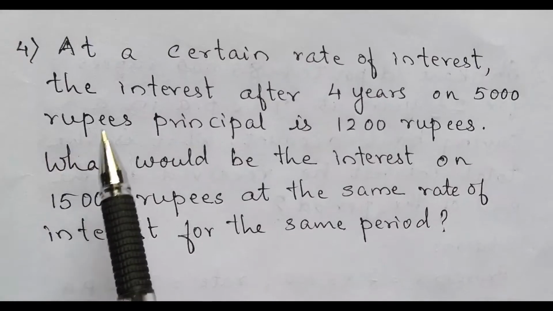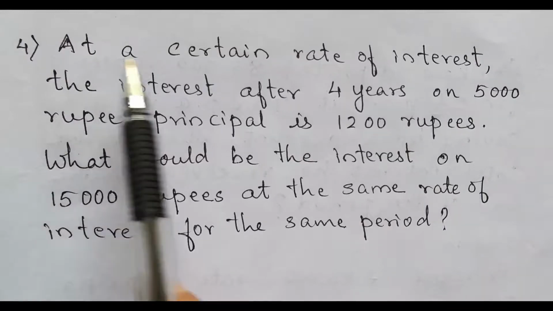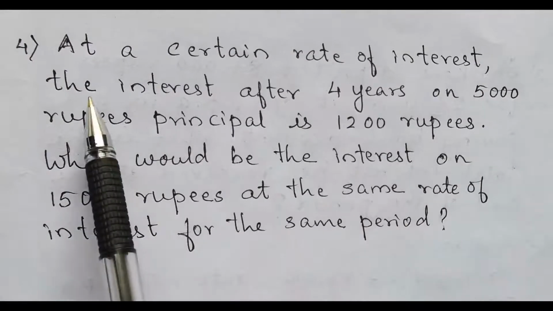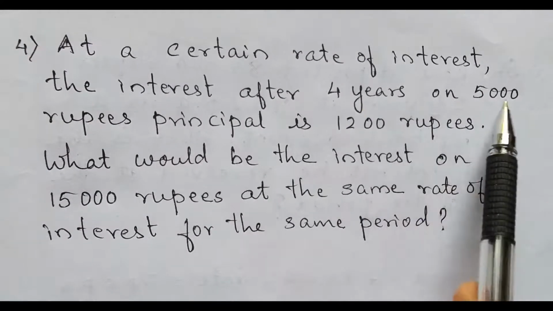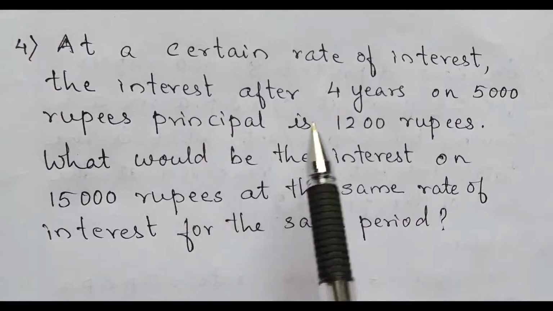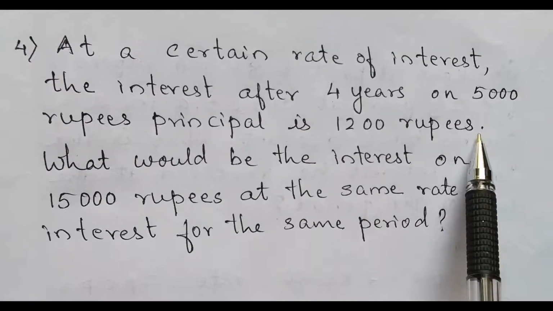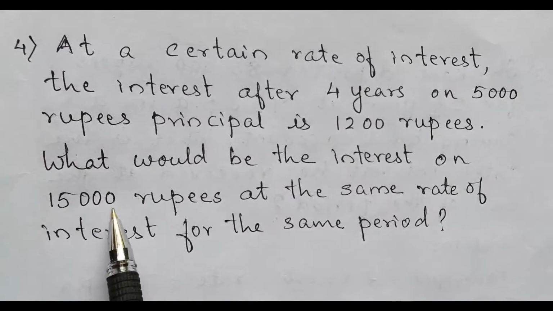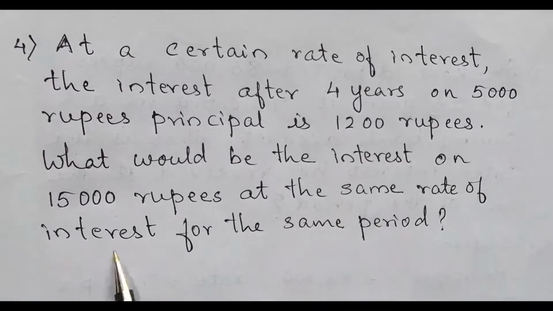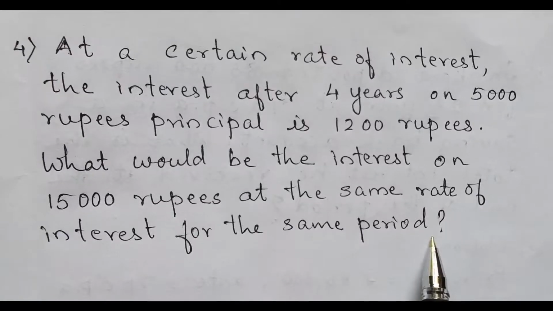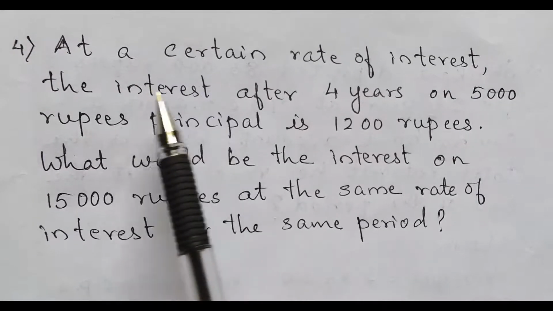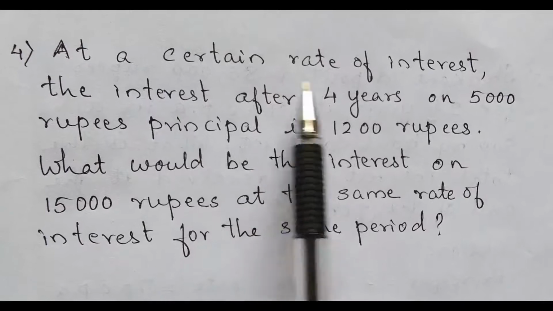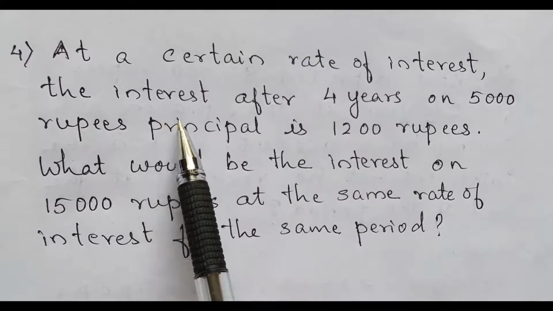Now let's see the fourth question. At a certain rate of interest, the interest after 4 years on 5,000 rupees principal is 1,200 rupees. What would be the interest on 15,000 rupees at the same rate of interest for the same period? So here in the first part, the rate of interest is not given.